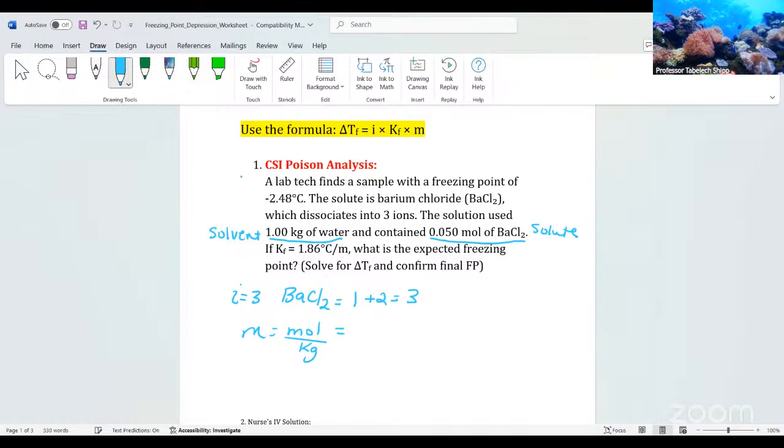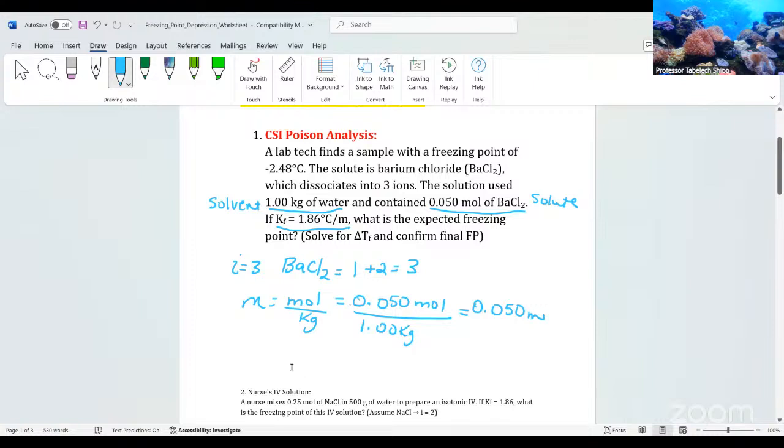So the moles here was 0.050 moles, and we're going to divide that by 1.00 kilograms. When we divide those two numbers, we get 0.050 molal. Now the K of F, they gave you that as well, which was 1.86 degrees Celsius per molality. So we actually have all three numbers that we need to solve this problem.